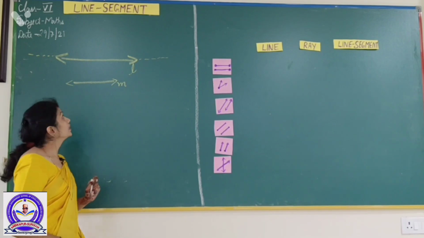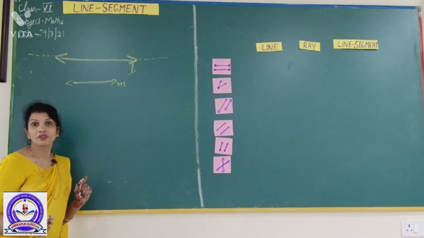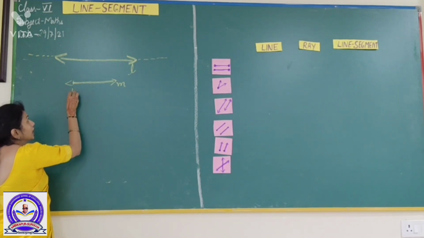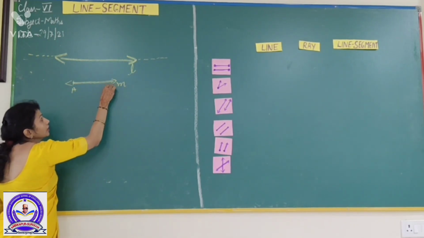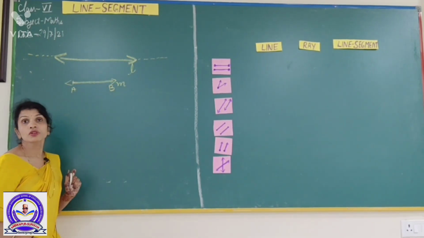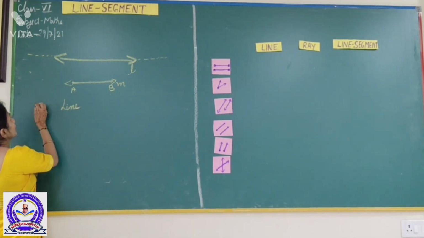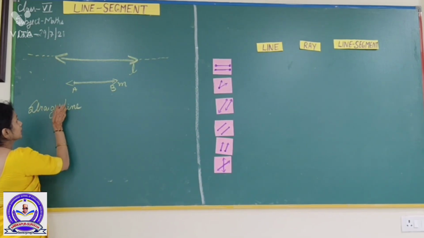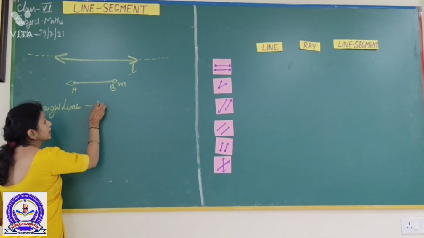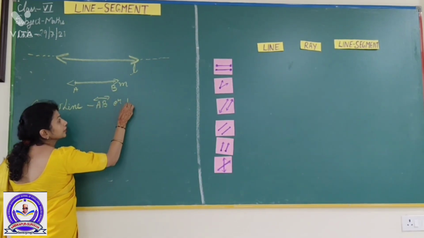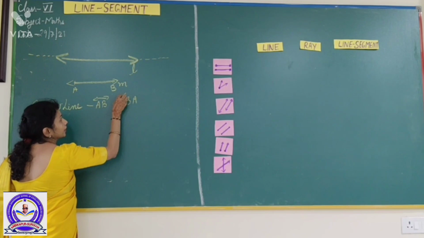Now, if I take any two points at the ends, suppose I am taking A here and B here, we can represent the straight line as AB or BA.